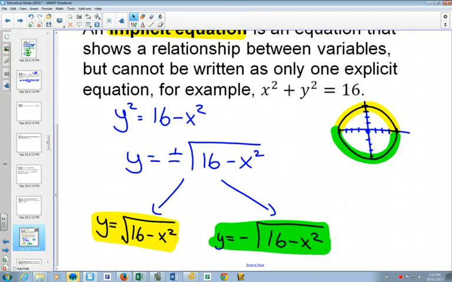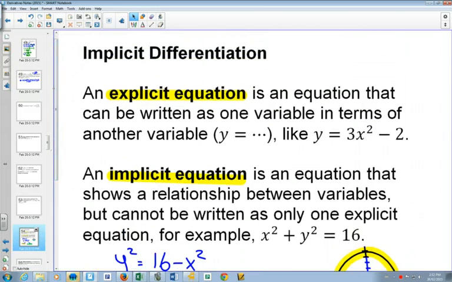Now, despite that, we can still find the derivative of a relation like a circle with something called implicit differentiation.